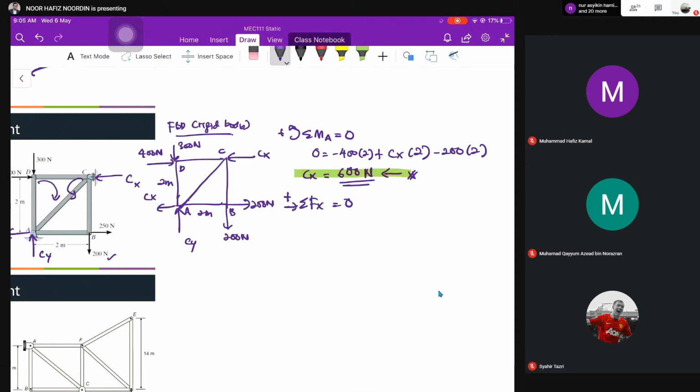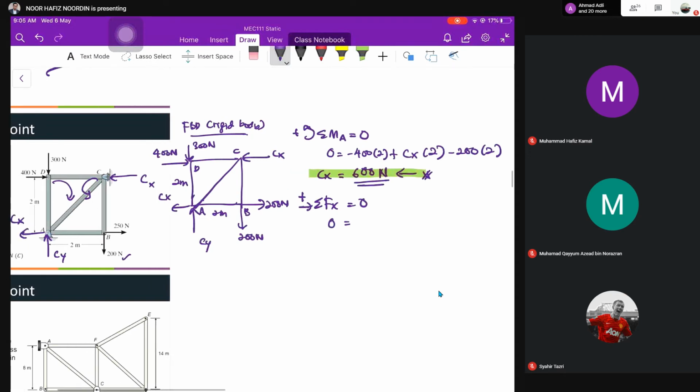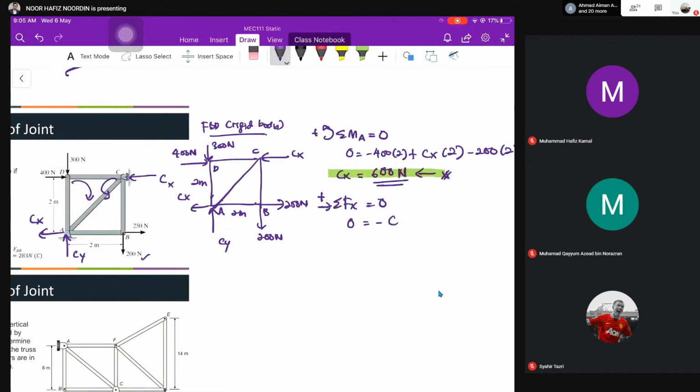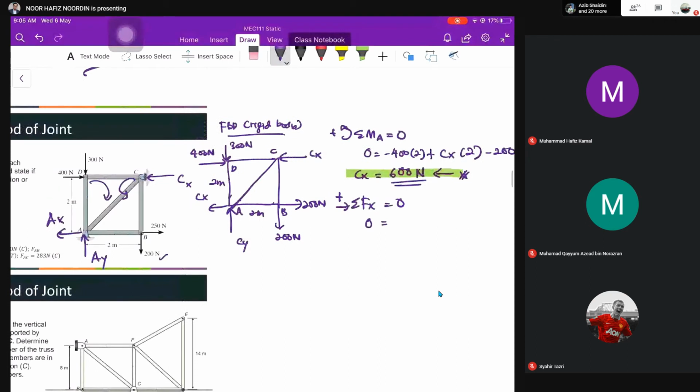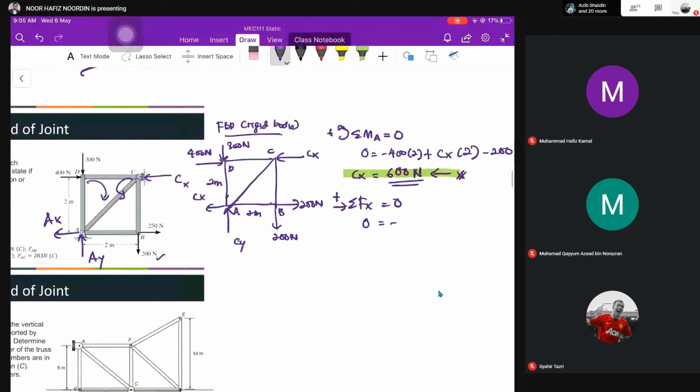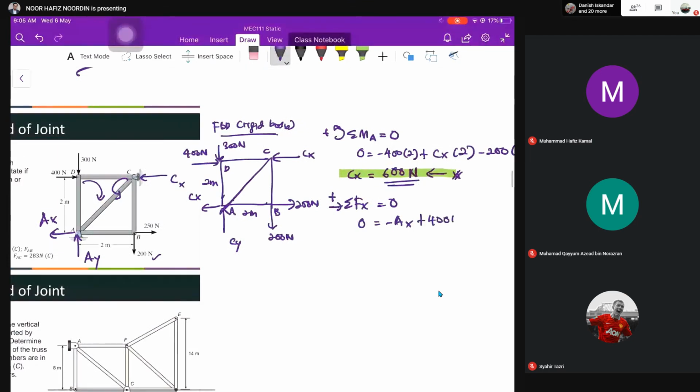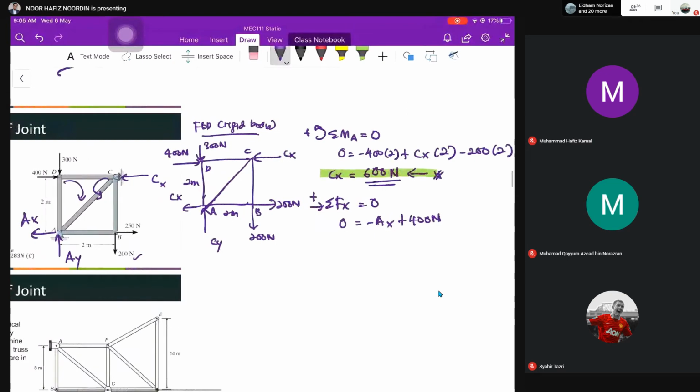Positive, our assumption is to the right is positive. So we have negative Cx, which is the value is, sorry, I'm confused, this one is Ay, and this one is Ax. So we have negative Ax and then plus 400 Newton to the right, and then we have Cx negative, minus 600.